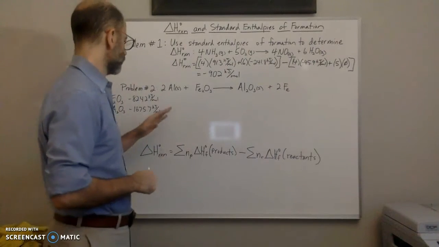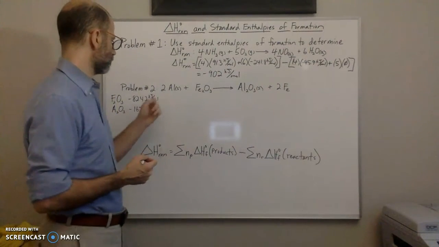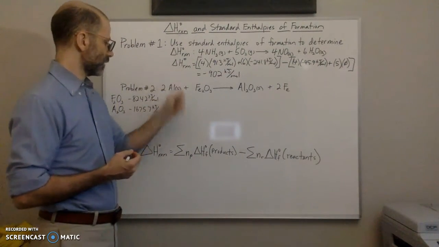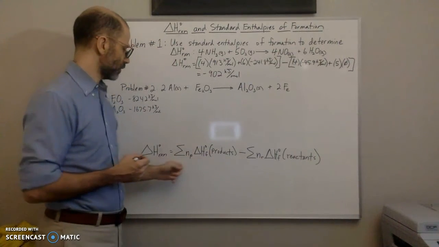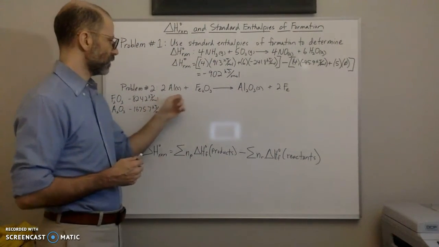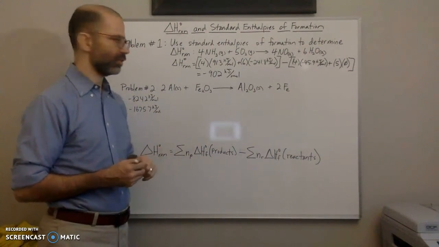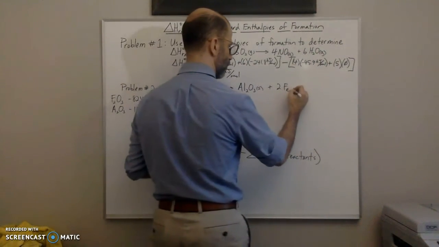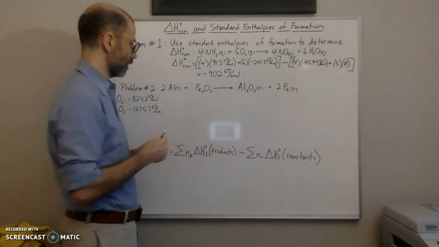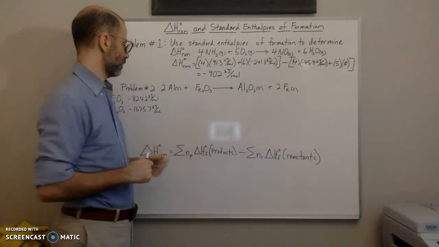For the second problem, we're going to do the exact same thing. We're going to use this equation. This will be a little bit easier because we've got 2 elements in their standard states. Here we have solid iron.